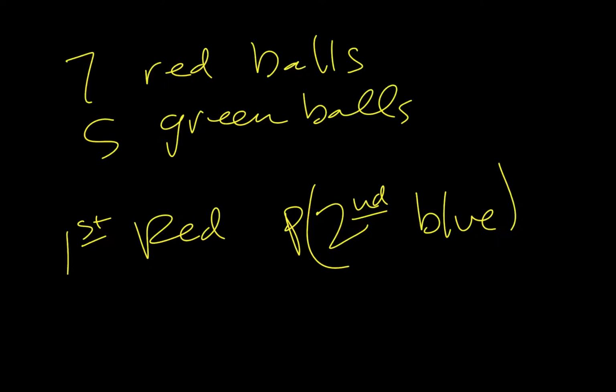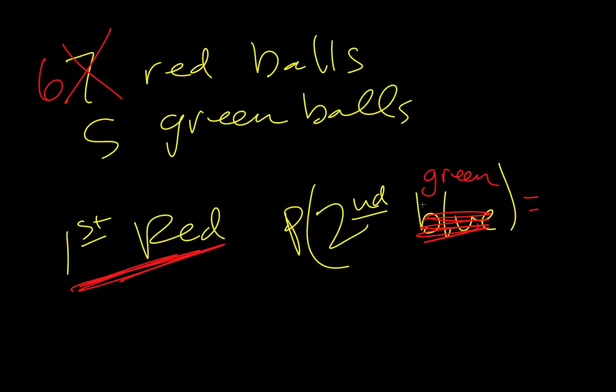Okay, so since we pulled out a red first, we're going to reduce the reds by 1 because he doesn't replace it. So now there's 6 red, 5 green, and we want to know the probability that the next one's going to be blue, or not blue, sorry, green. Probability of blue would be 0 because there's no blue.